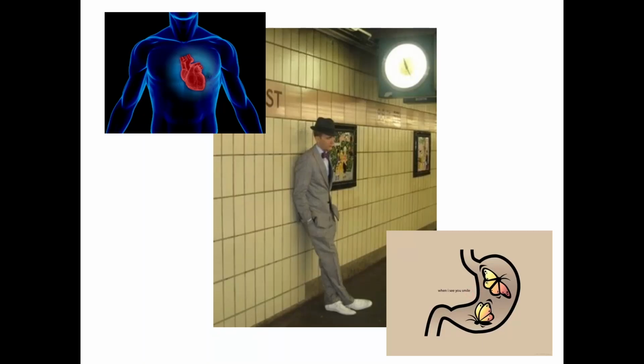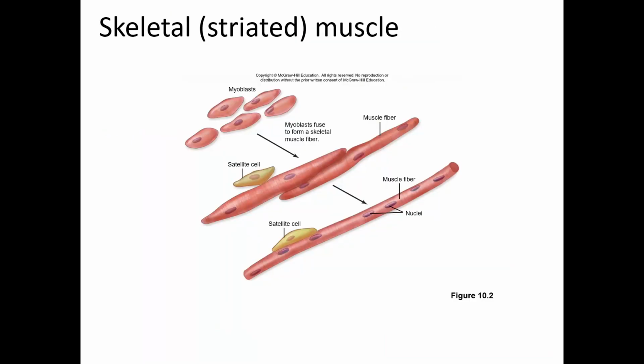All right. So now we're going to go into each of those a little bit more and talk about their ultrastructure. Here is a figure overviewing skeletal muscle, or striated muscle. Remember, this is the muscle of voluntary control that we use to support our bodies and move us around. This starts out as a series of cells called myoblasts, and then those cells are going to fuse for the most part and become a multinucleated, striated muscle fiber. Striated means it has definitive structure, which we'll see later.